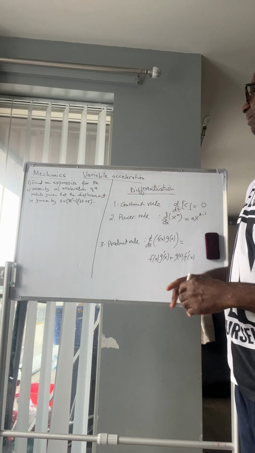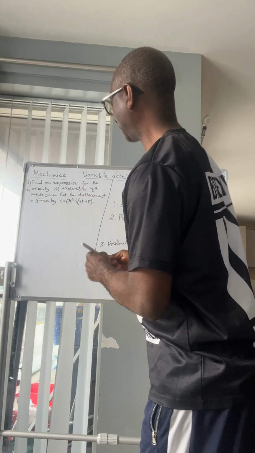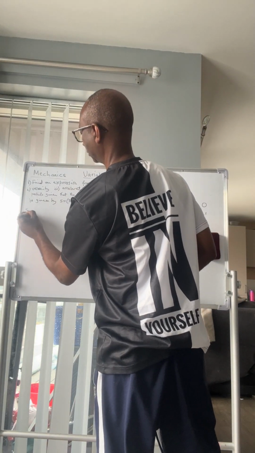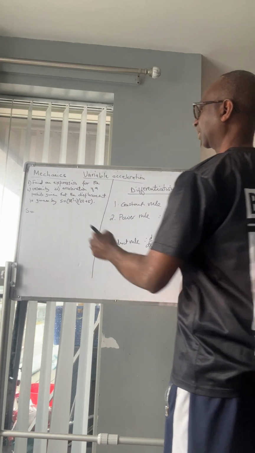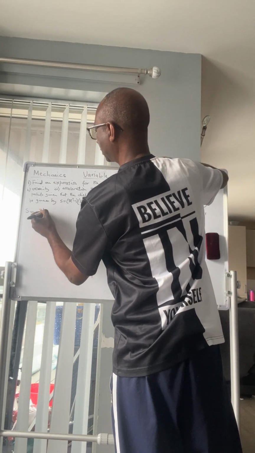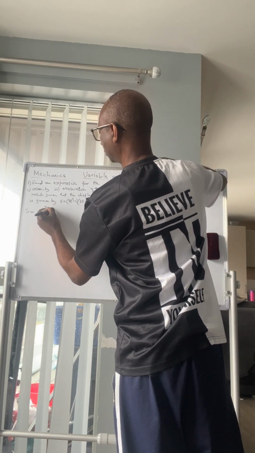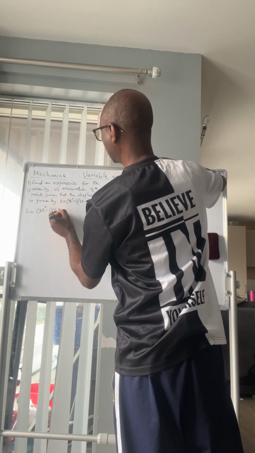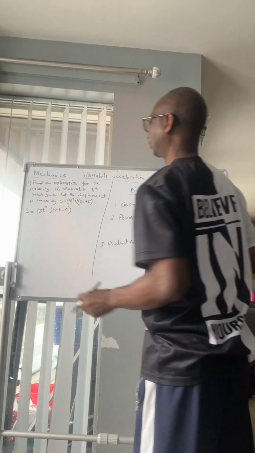So now let's see. You are given the displacement of this particle, S, as 3t squared minus 1 multiplied by 2t plus 5.